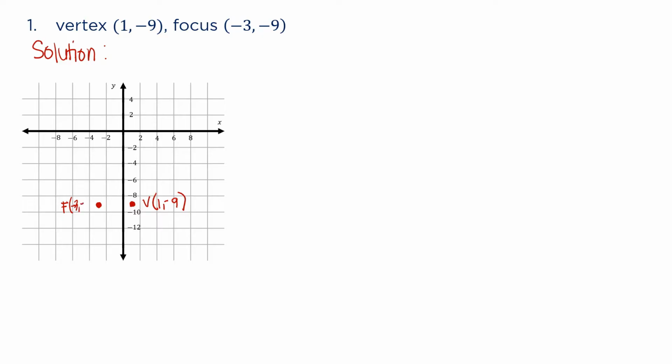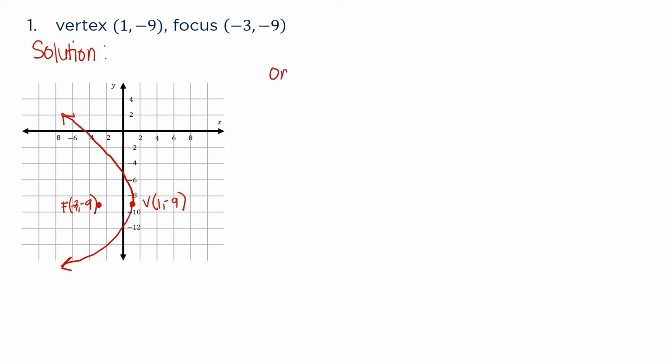Now, take note, the parabola always "eats" the focus. So, the focus is found inside the opening of the parabola. In this case, since the focus is to the left of the vertex, most likely our parabola will look like this one. So, we have a parabola that opens to the left.